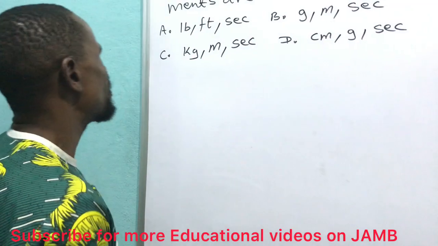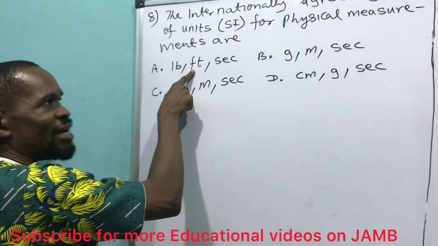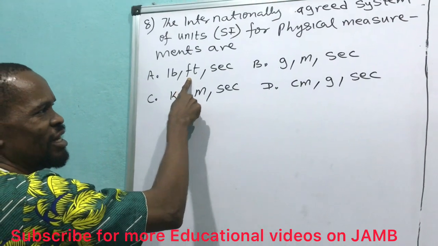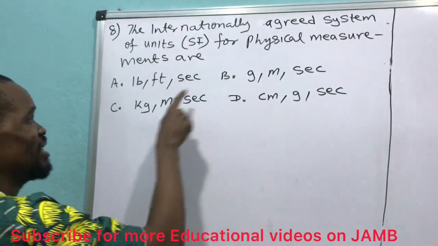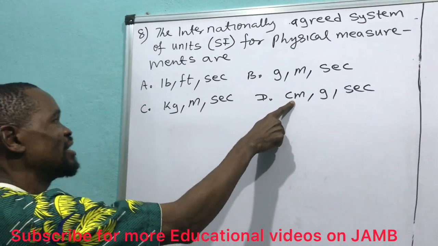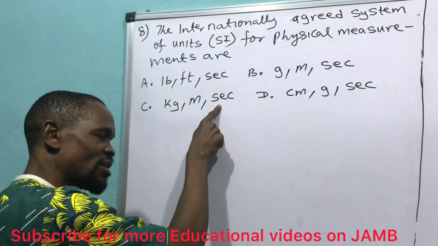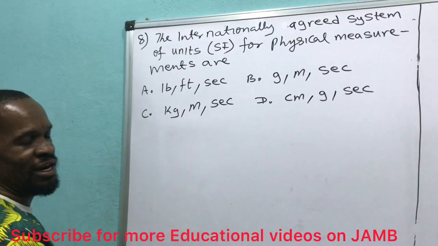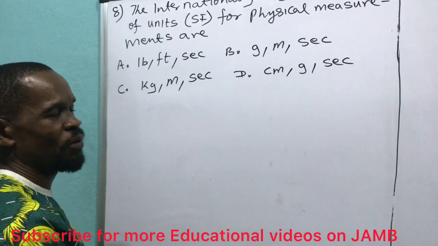Looking at this now, there's nothing like foot in the fundamental units. There's nothing like gram, nothing like cm in fundamental units. But we have kilogram, meter, seconds. That's our fundamental units, which I circled for you when I was dealing with them.